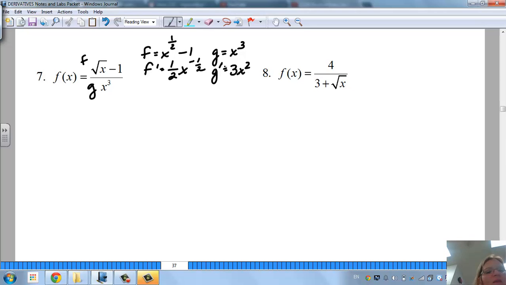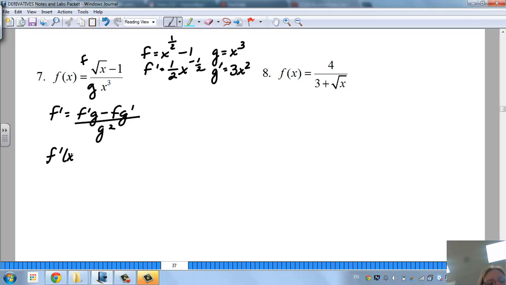Okay? So let's go. f prime is f prime g minus f g prime all over g squared. So f prime of x now is, when I put this in here, f prime times g, minus, I always like a bracket, f g prime.